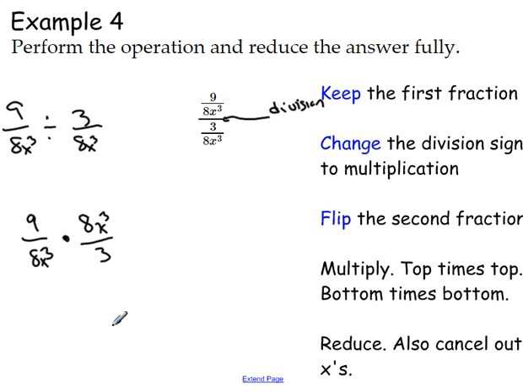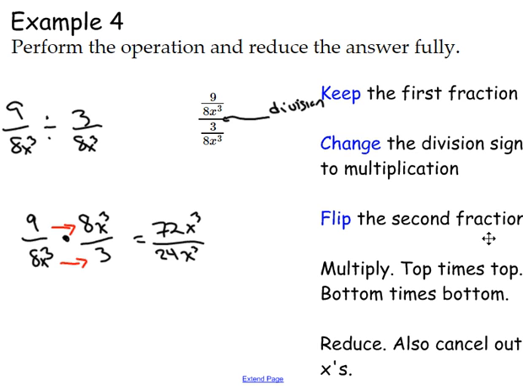And now we're going to multiply. Top times top, bottom times bottom. So here we're going to get 72x to the third. And here we're going to get 24x to the third, right? 8x to the third times 3 is 24x to the third.